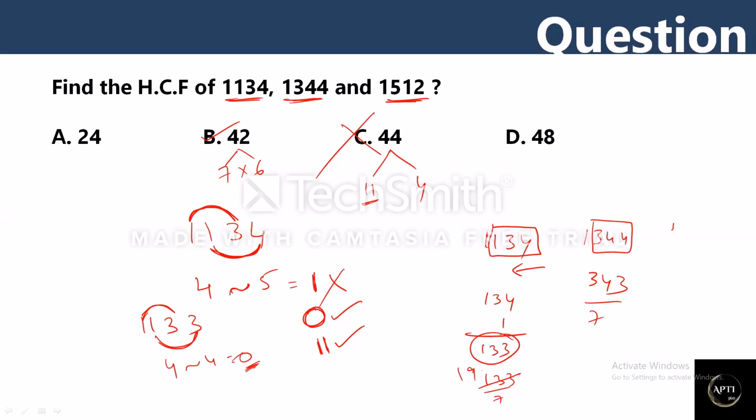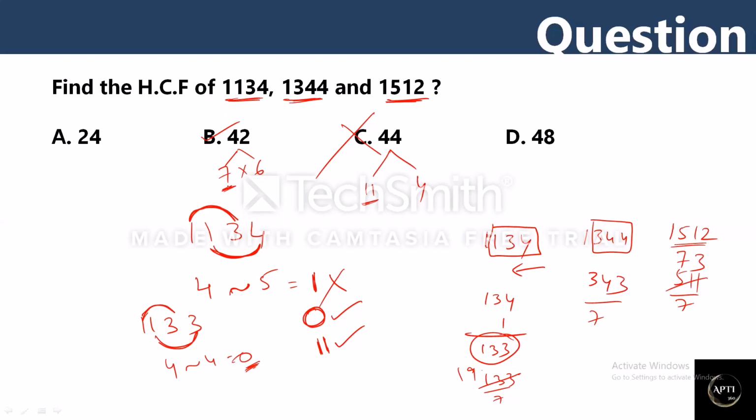Next, 1512. How can I write it? 511. 511 is also divisible by 7: 7 times 7 is 49, 49 plus 21, 7 times 3 is 21. So 73. Of course this number is also satisfied. So all the given numbers satisfy the divisibility rule of 7.